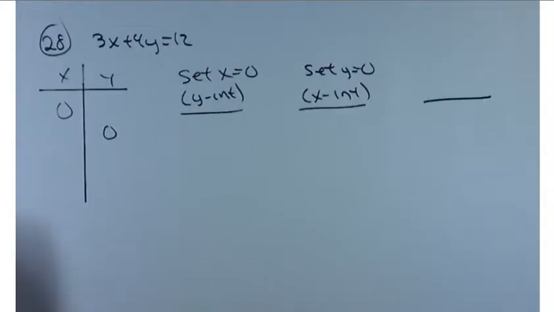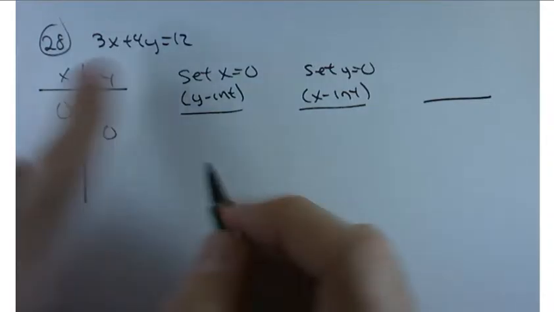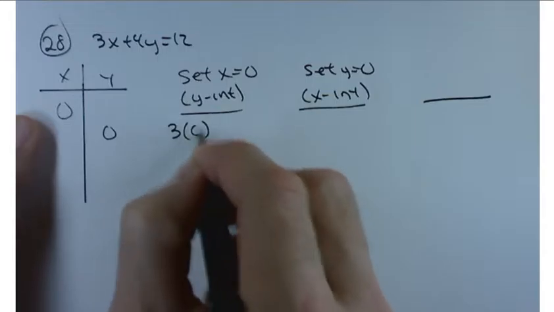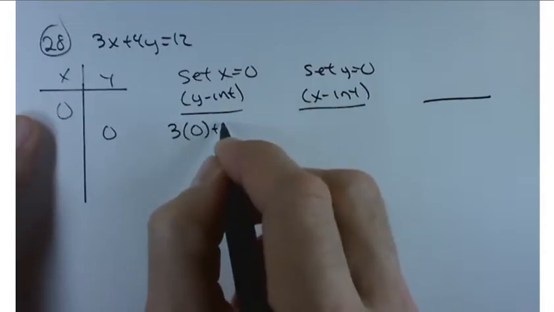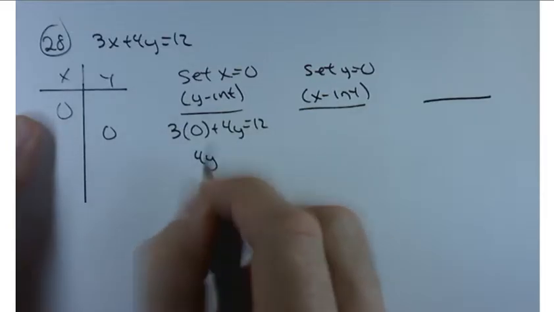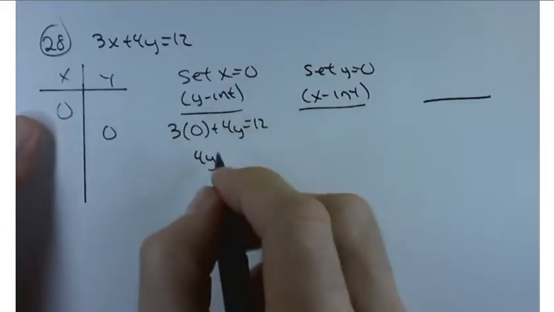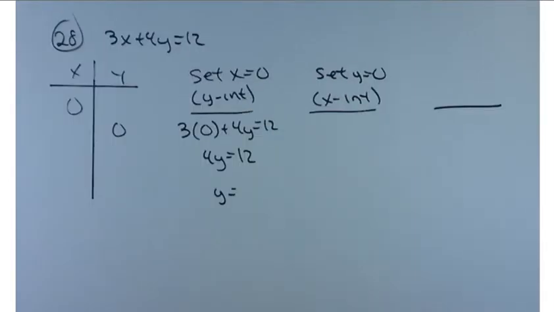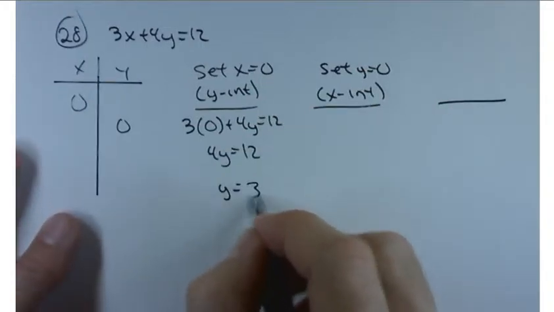Let's start with the easy ones, setting x and y to 0. 3 times 0 plus 4y equals 12. The 3 times 0 disappears. What does y equal when x equals 0? 3.